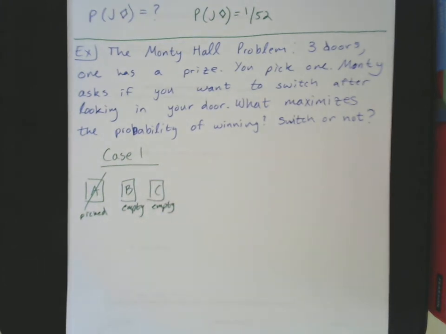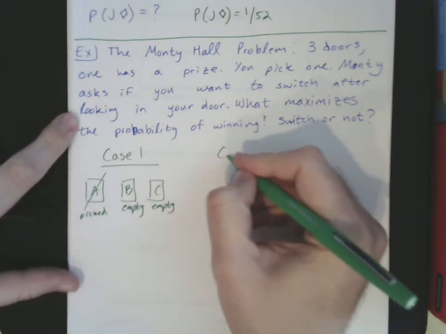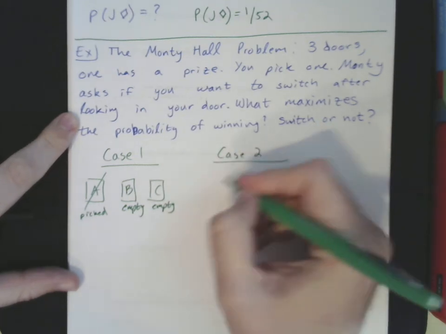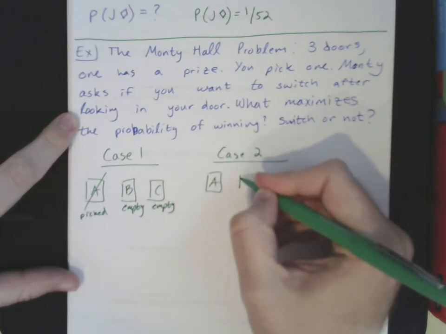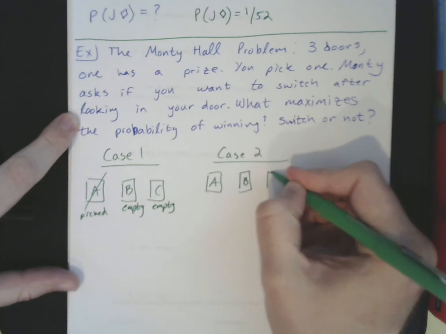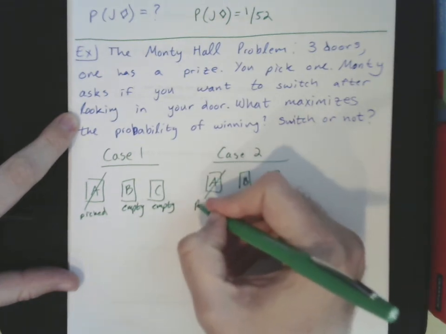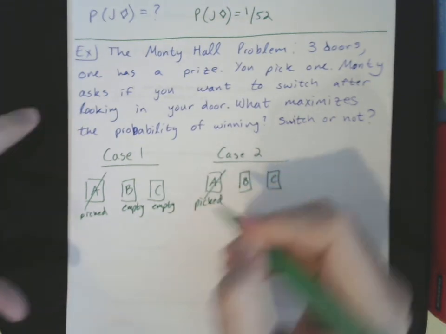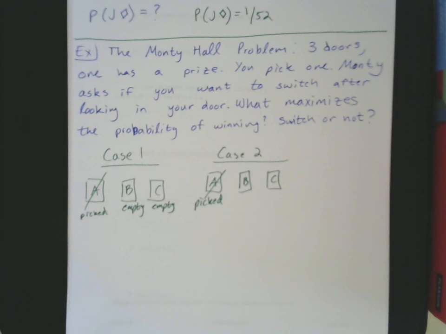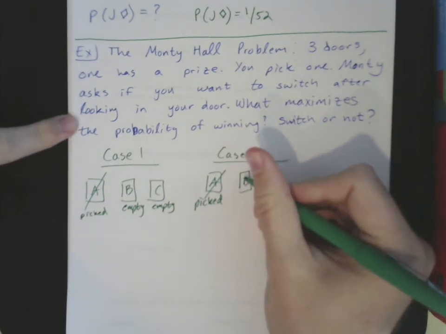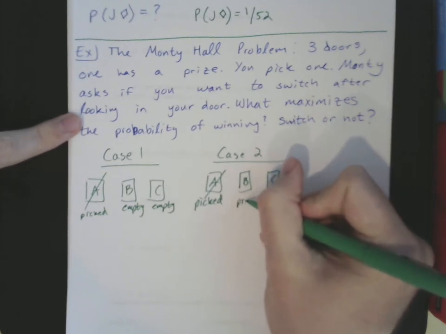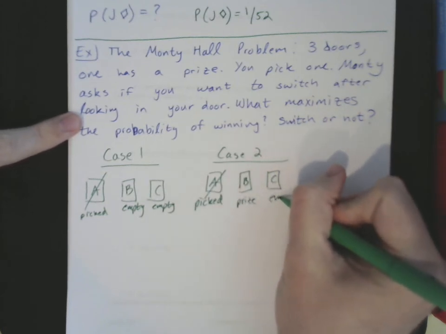You've picked correctly. The second case, again, we have A, we have B, and we have C. You picked A. It doesn't matter which one you picked. You picked one of them, right? It's just like our without loss of generality. You just pick a door. And in case 2, the prize is in B, and C is empty.